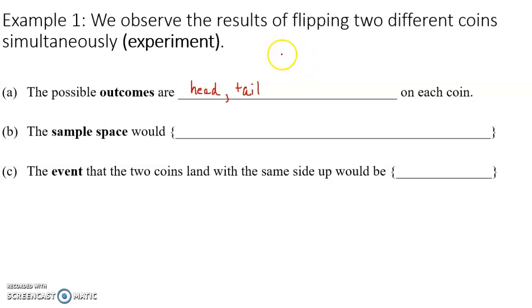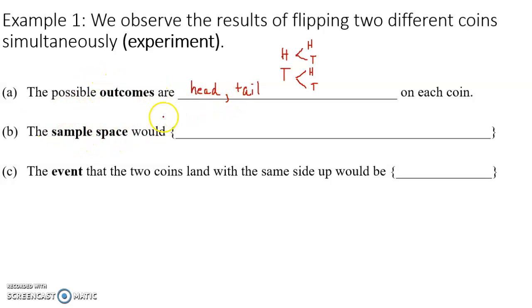So that means when we flip our coin, coin 1 could be a head or a tail, and then coin 2 could be a head or a tail. Coin 1 could have been a tail, and then the second one a head or a tail. So our sample space are all of these possible outcomes.